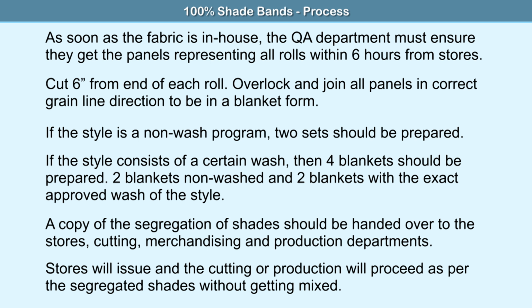If the shade band consists of 2 to 3 different shades, such shades should be segregated into families marked A, B, C, etc. A copy of the segregation of shades should be handed over to the stores, cutting, merchandising and production departments.